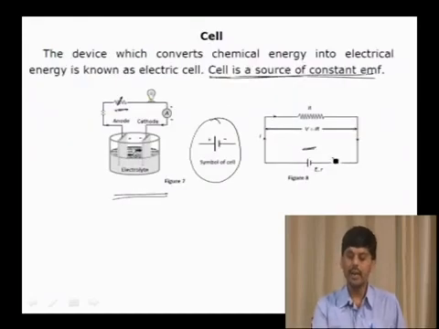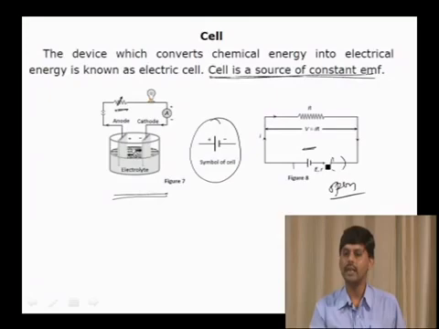Here we have a key, and it is open. If you measure the potential difference across the terminals of the cell, it is the EMF of the cell. EMF can also be defined as the amount of work done to transfer 1 coulomb of charge from one terminal to the other terminal of the circuit.